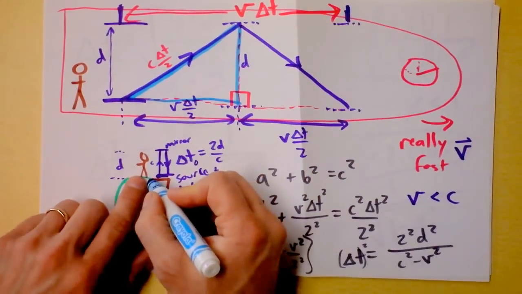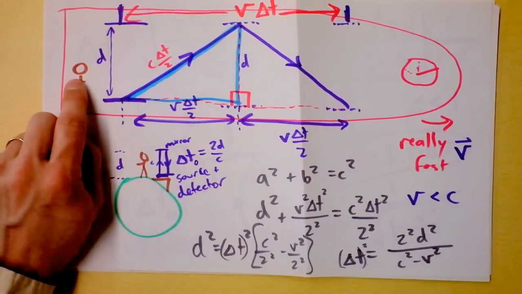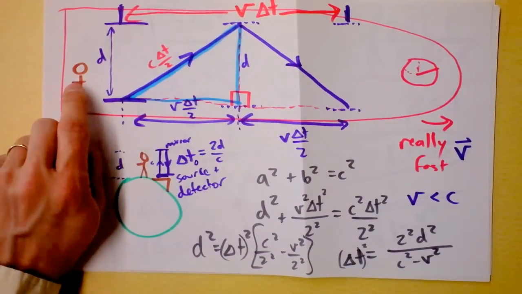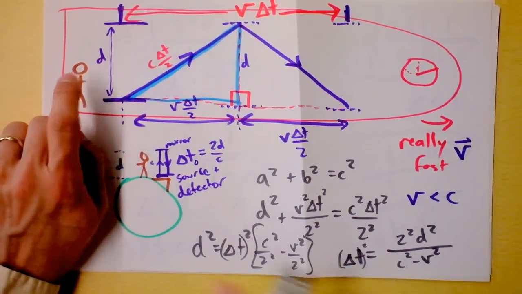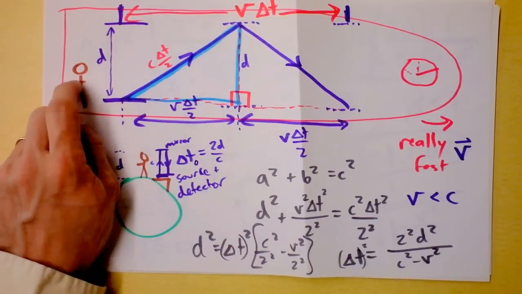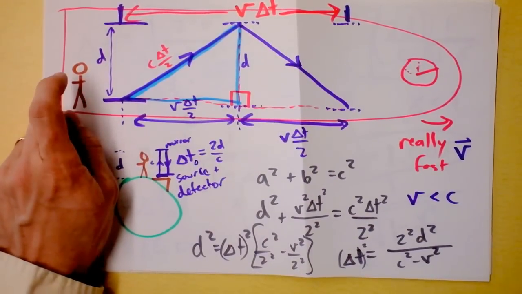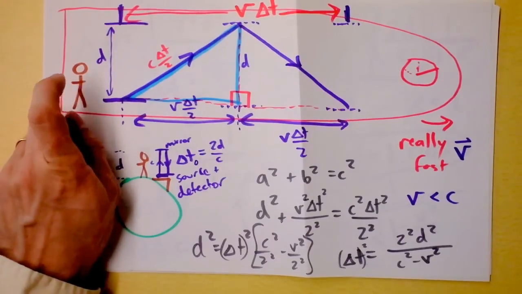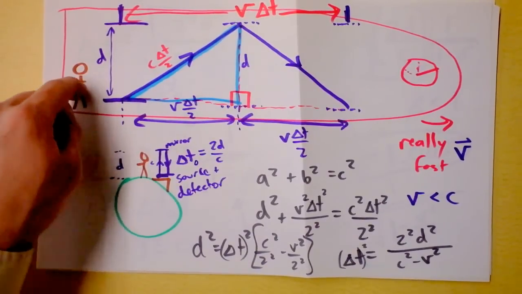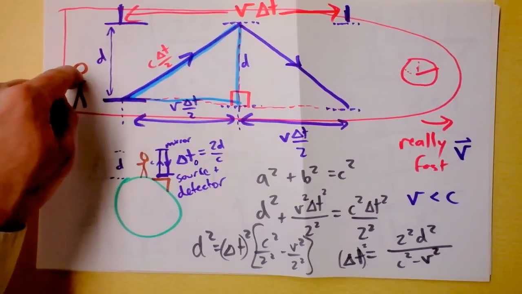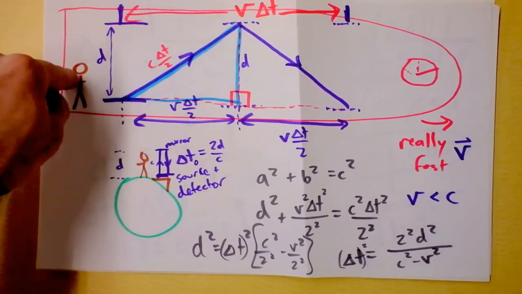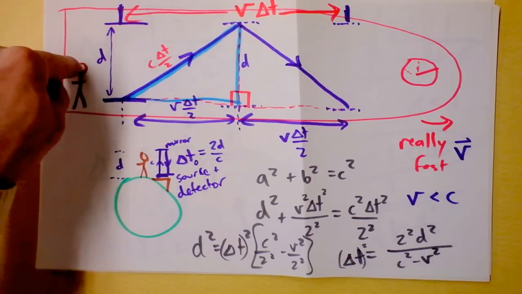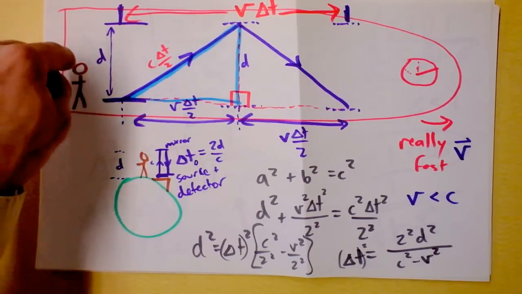When this observer looks at this guy on the rocket ship, he thinks he's moving slowly. He thinks that his machines are processing slowly. This observer thinks that man is thinking slowly. In fact, he also thinks that he's living slowly. He thinks his heart is beating slower, and he thinks he's going to die later. And he's right. This person sees that guy doing everything slower because time itself is slower for this guy.